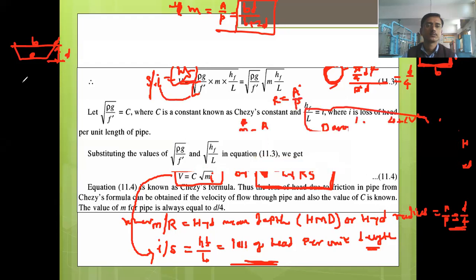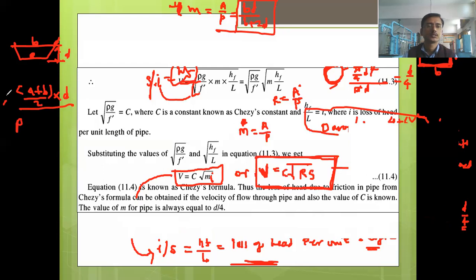The area of this trapezoid is (A plus B) by 2 into D. The perimeter will be the length of this slope plus this plus this. We need to find that, put it here, and then divide the area by the perimeter to get the hydraulic mean depth or hydraulic radius. Okay, understood?